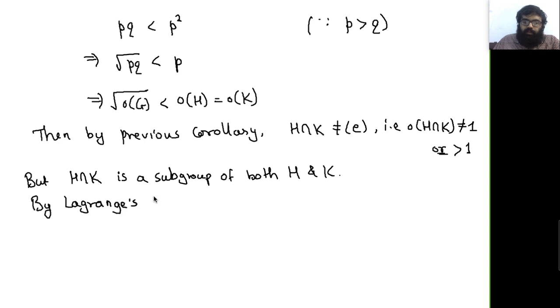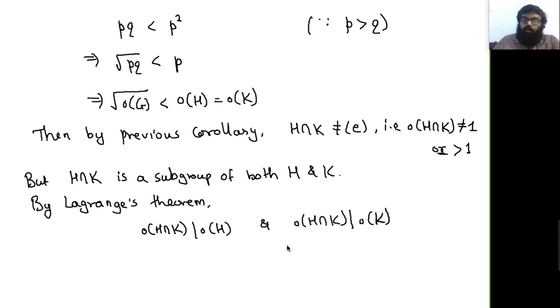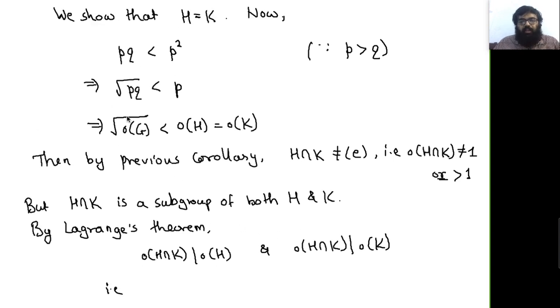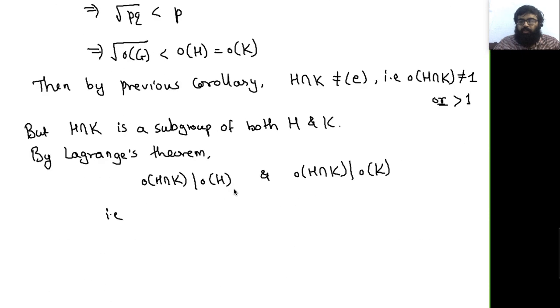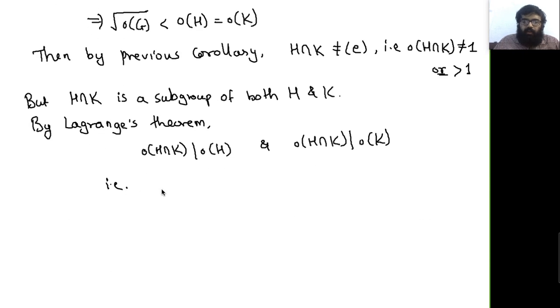So the order of H intersection K divides the order of H, and it also divides the order of K. Both have the same order: H and K are two subgroups of order P. So the order of H intersection K divides P.